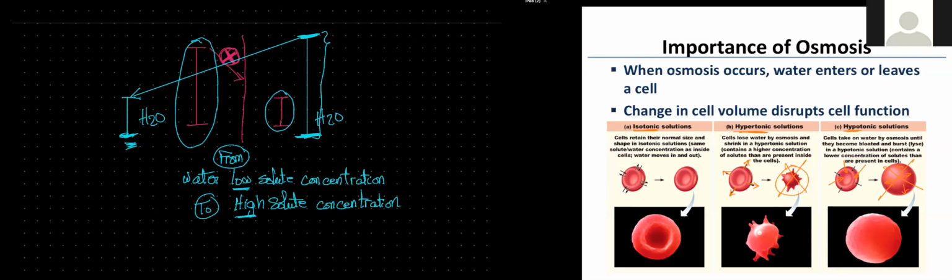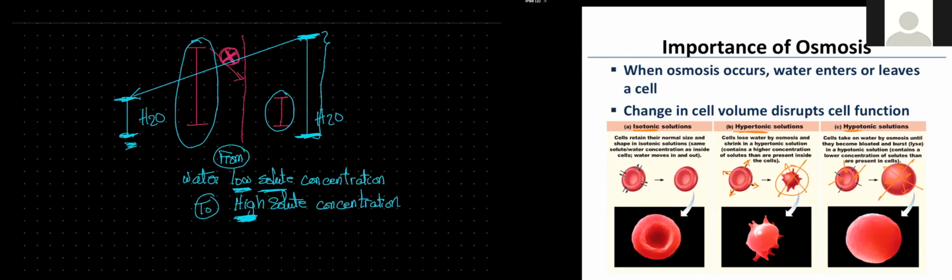But why did you say low to high? Because it's low solute, in other words, high water. And I'm traveling to the side with high solute, in other words, low water. But in terms of water, water travels down its concentration gradient.